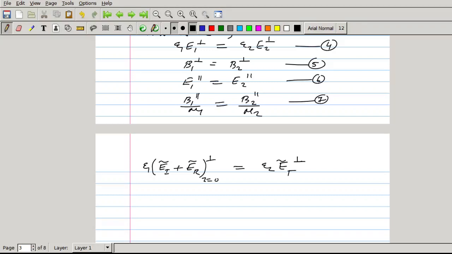So the perpendicular component of E transmitted at the boundary z equal to 0.